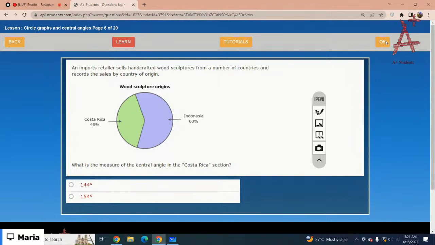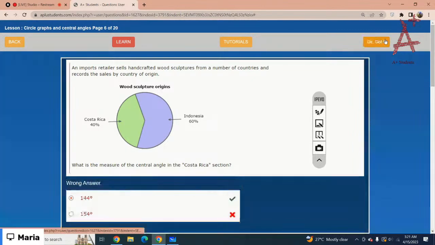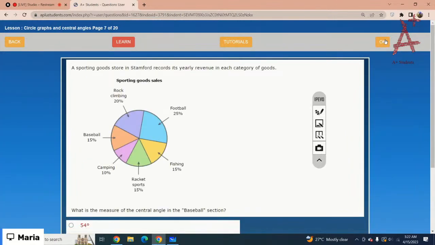So you have to calculate 40% of 360. Got it? So 40% of 360 would be 154, I think. I'm not sure, just guessing. No, it would be 144. Yes, very good. That would be 144.